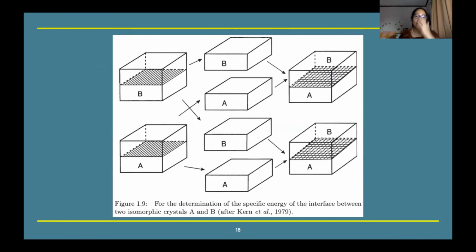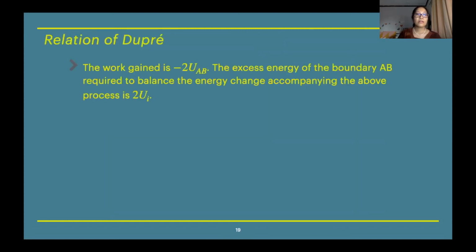Figure 1.9 illustrates the imaginary experiment. So we have crystals A and B, and we cleave them. And the two halves are joined, forming AB and AB. So you have two interfacial boundaries, AB and AB. The work gained is negative 2U sub AB.